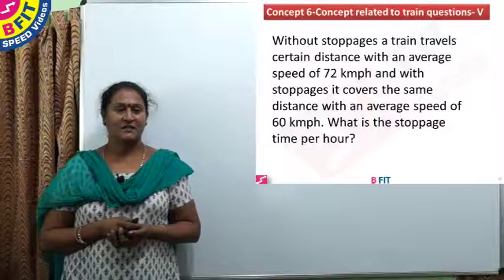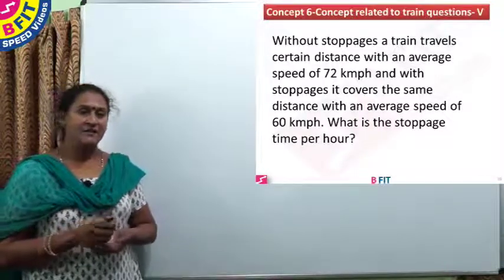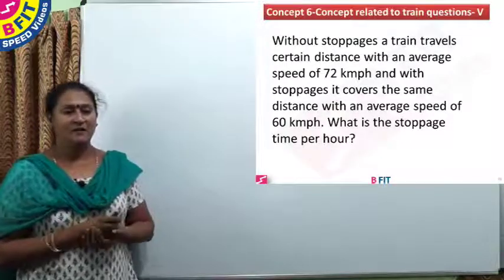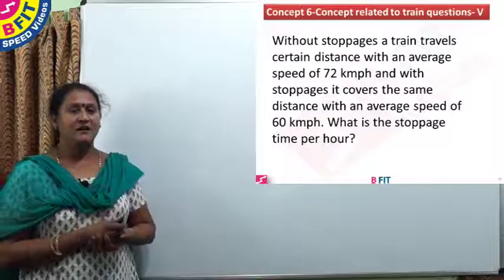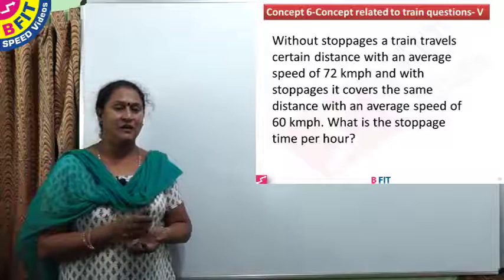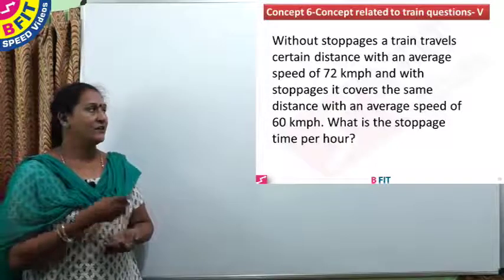Here the question is: without stoppages, a train travels a certain distance with an average speed of 72 kilometers per hour, and with stoppages it covers the same distance with an average speed of 60 kilometers per hour. What is the stoppage time per hour? We will see the working.